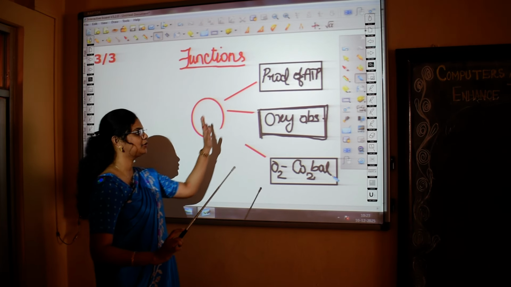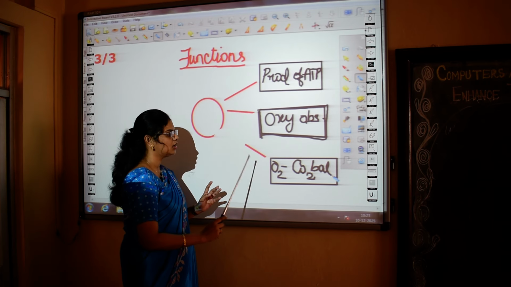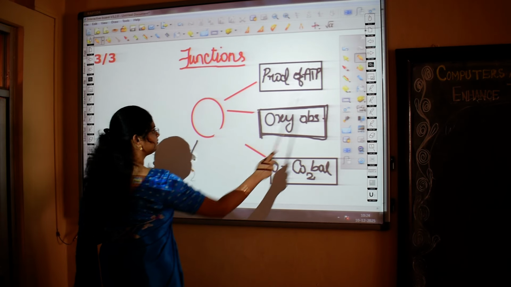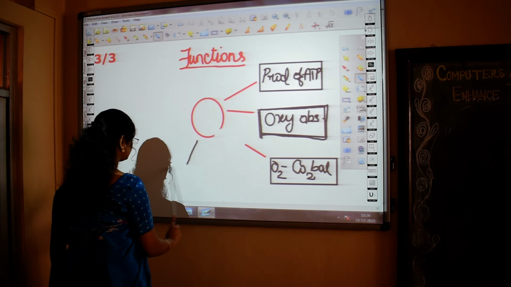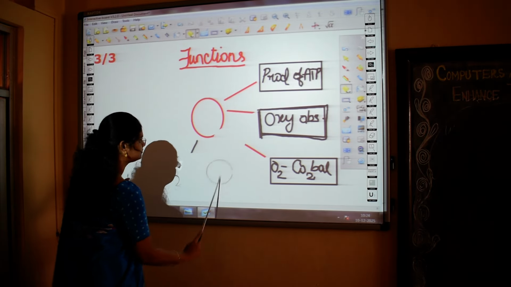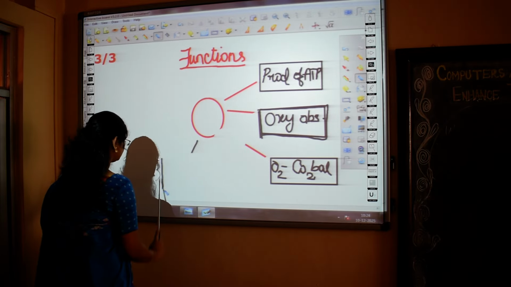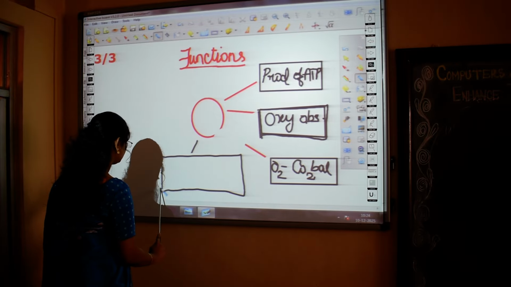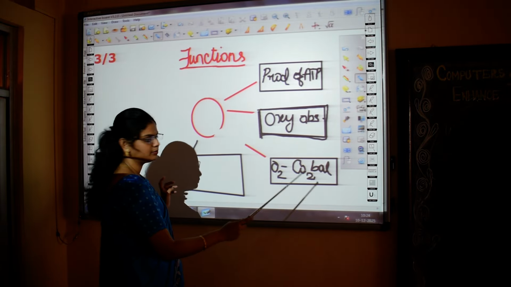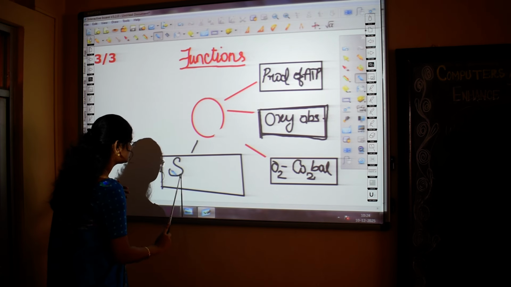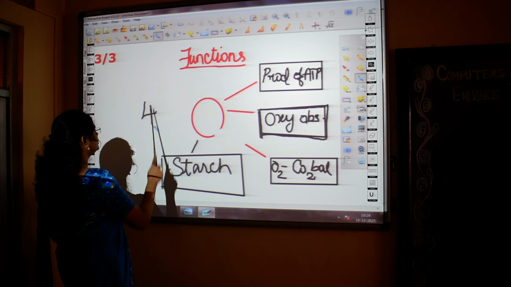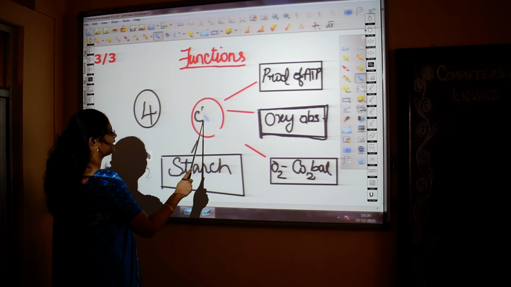The other function is the production of starch. So these are the four main important functions of chloroplast.